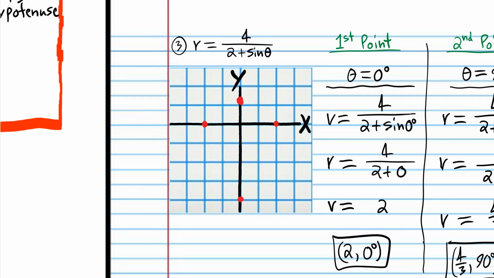So it looks like it goes all the way out to maybe around here, are the farthest points that it goes out. And so let's connect the dots.